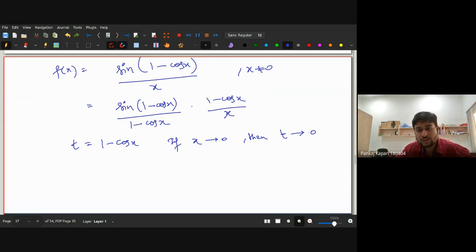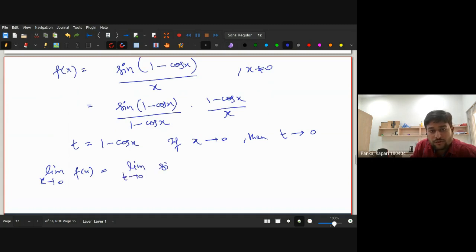So the limit as x approaches 0 of f of x is the same as the limit as t approaches 0 of sin t divided by t, into the limit as x approaches 0 of 1 minus cos x divided by x.